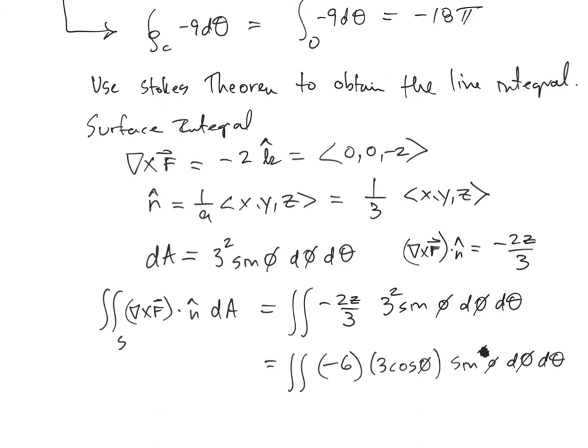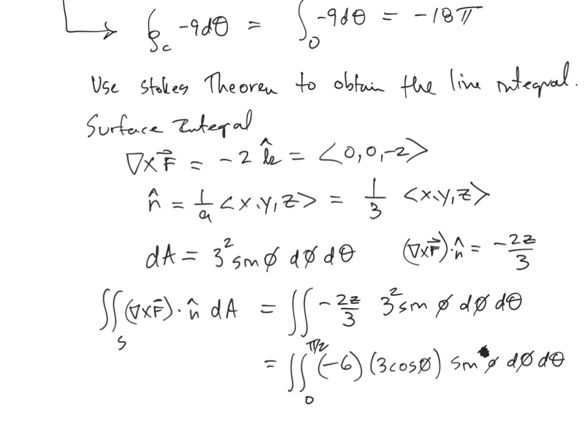What are the limits for phi and theta? 0 to pi by 2 for phi, because phi is the angle from the positive z-axis down, right? So obviously for half a sphere, if I integrate over that sphere, I'm going to go from here down to here, so 0 to pi by 2 for phi.